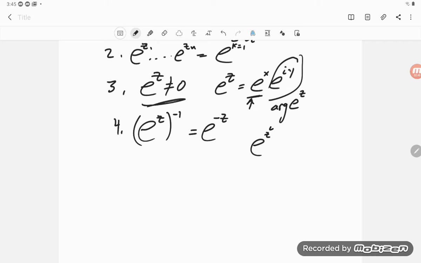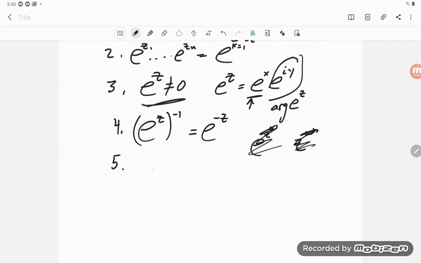I was going to say to the w. The problem is we've got e to the z, that kind of exponential, but we haven't yet defined something like z to the w, so we won't worry about that yet.